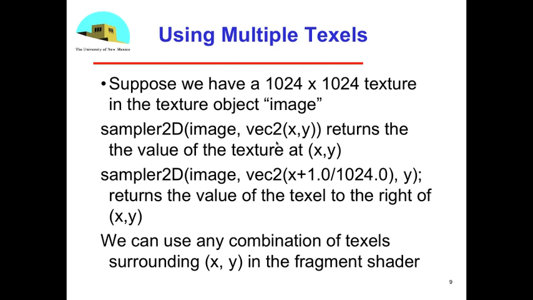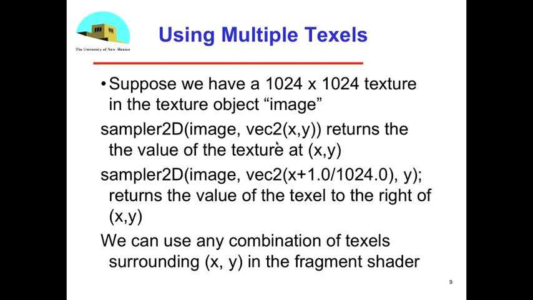We're just not using it in our examples right now. So if any point within that texture is available to me, then I can do some operations that combine values of that single image or texture map at various locations.